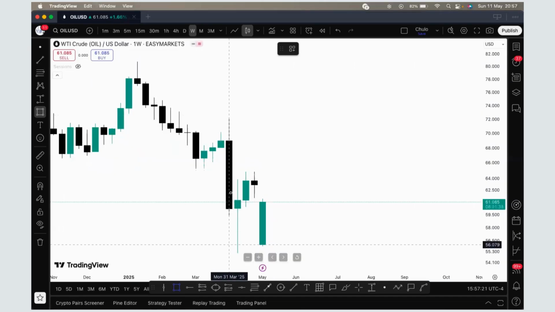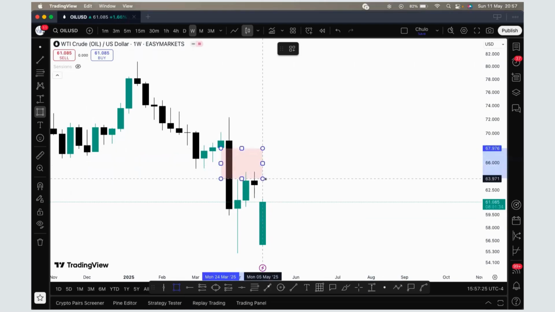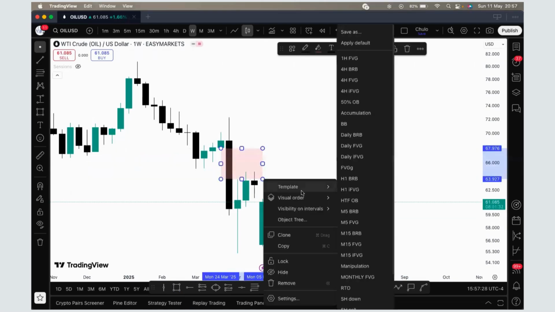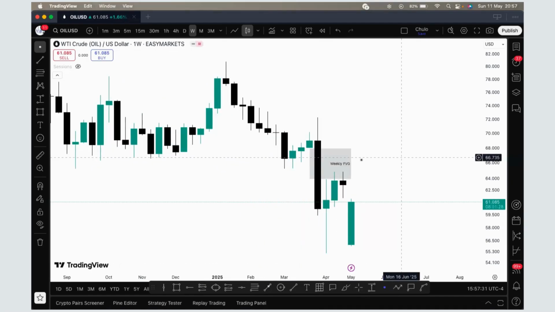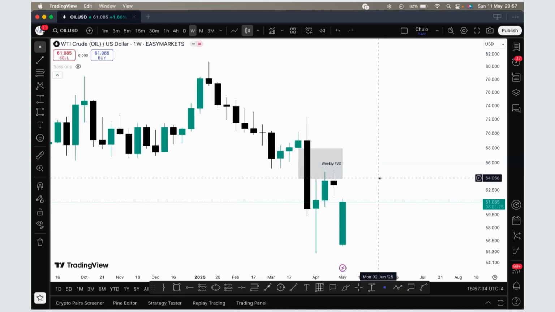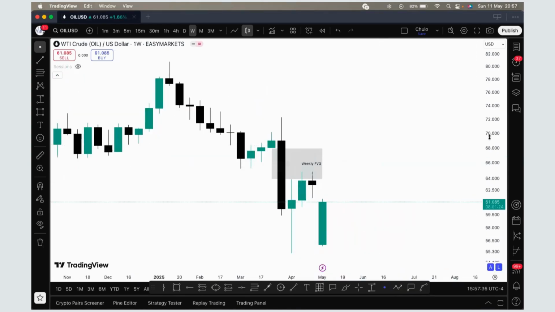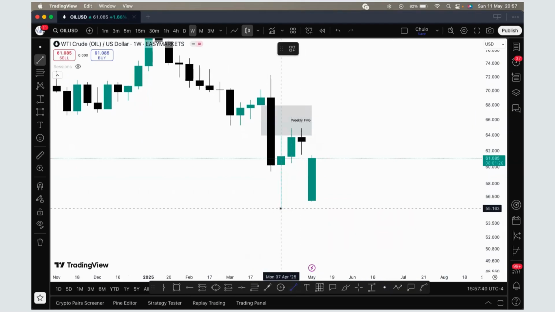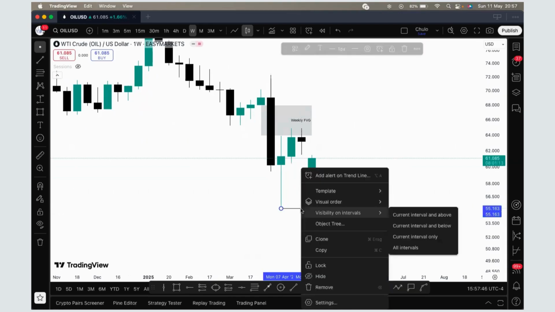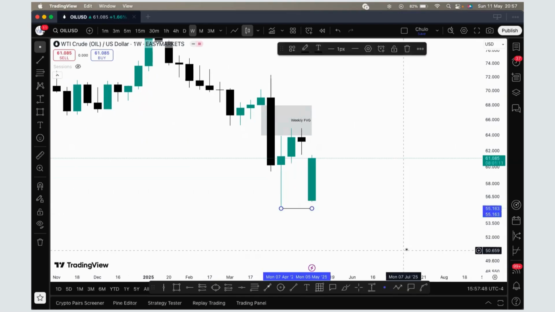Here on the weekly time frame, price is reacting off this weekly fair value gap. We also have an external range liquidity here which price is yet to take out.